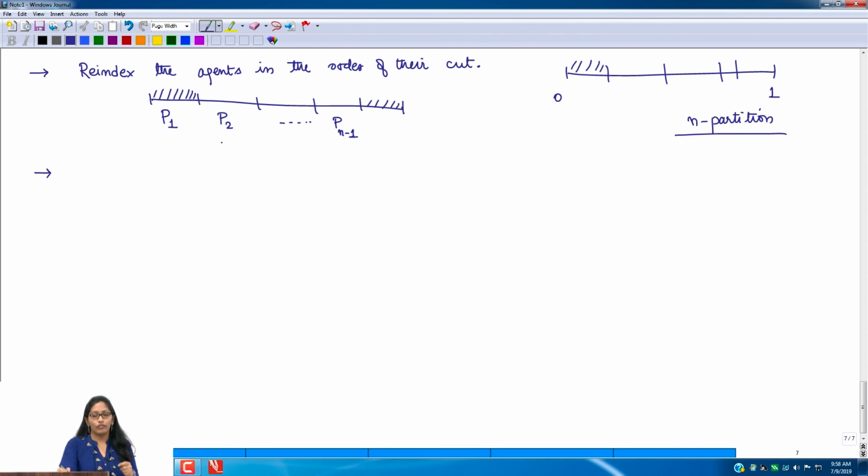So in the definition, for every choice k made by the secretive agent, I need to again show a bijection, by which I mean the assignment of the remaining n minus 1 agents among the remaining n minus 1 pieces such that it's proportional for all of them.